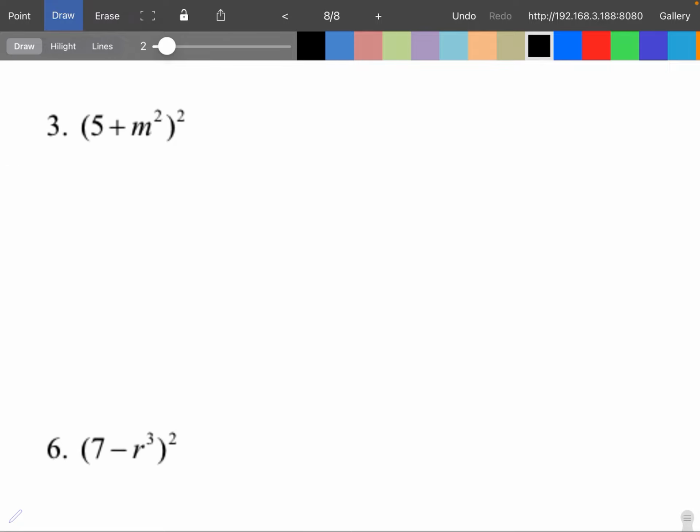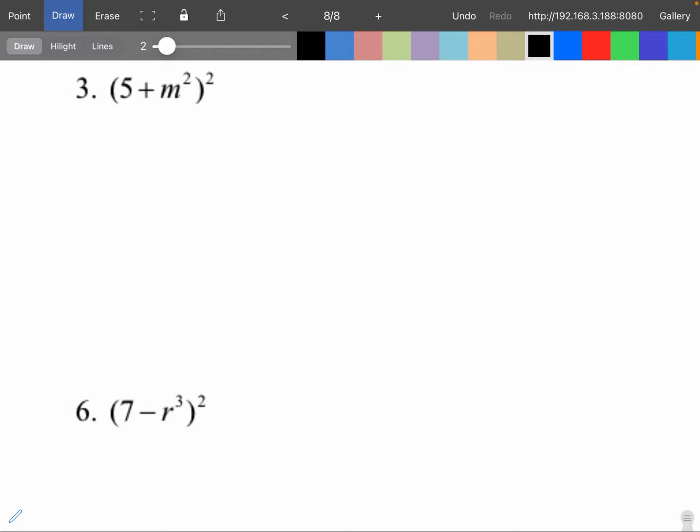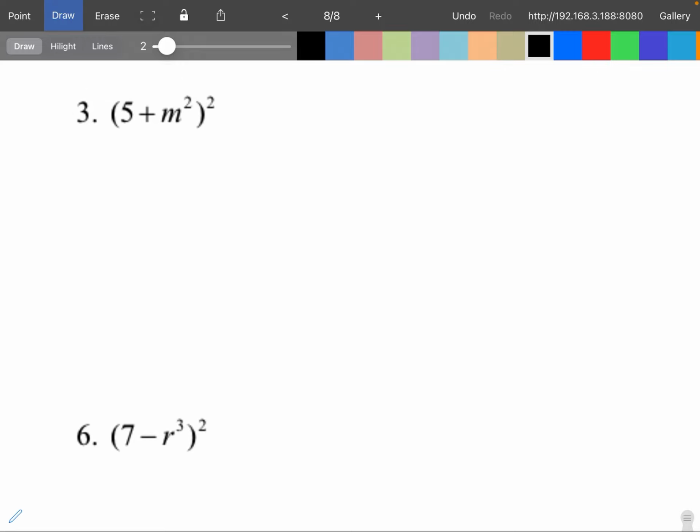Let's go to number 3. So number 3, we're going to do the same thing. It's going to be the quantity 5 plus m squared times itself. Like that.